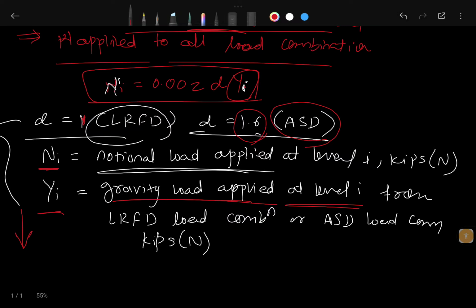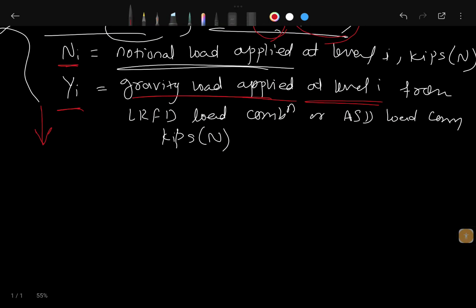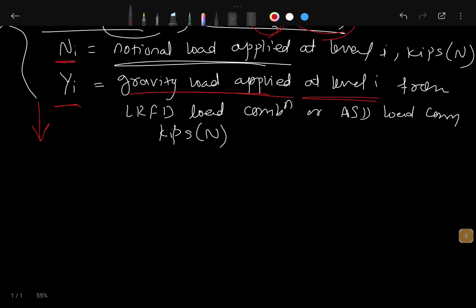Now second point, this is A, notional load shall be applied, and you can use this note. The use of notional load can lead to additional, generally small, fictitious base shear in the structure.